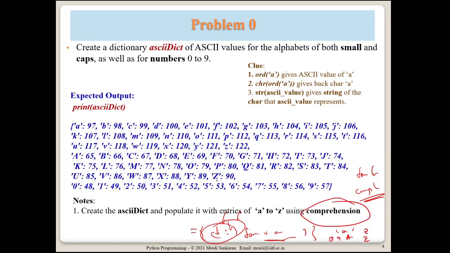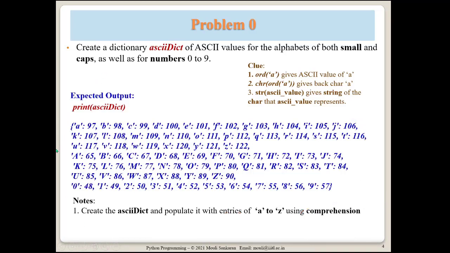I'm not expecting you to do it in one single line. You can do it one by one, range of values. So you need to add these dictionary entries using comprehension and print that dictionary, and you should get this output. Add the entries for A to Z. You can do it using this notation.